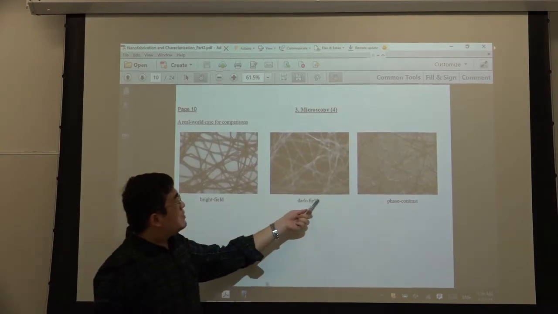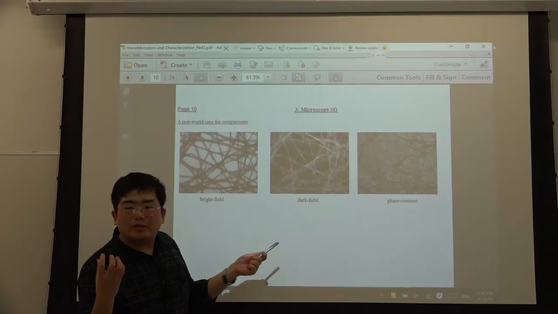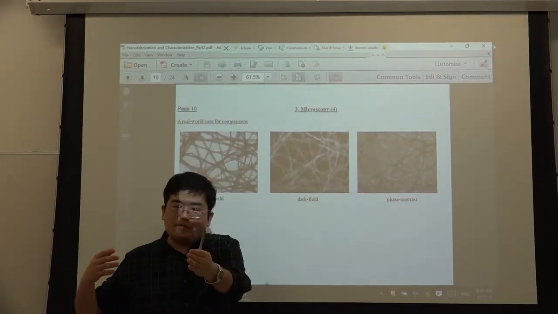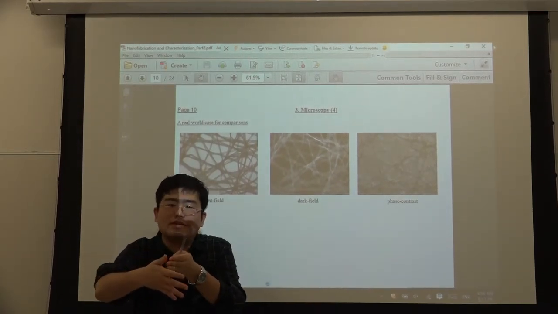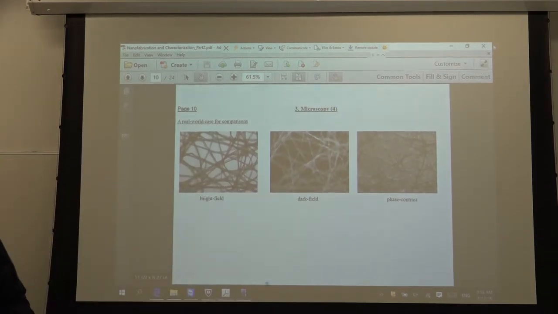For dark field, finally we collect only the scatter field from the sample, no incident field. For phase contrast, they collect the incident field and the scatter field simultaneously, but they have a phase difference, so they have interference. So these are three different ways.